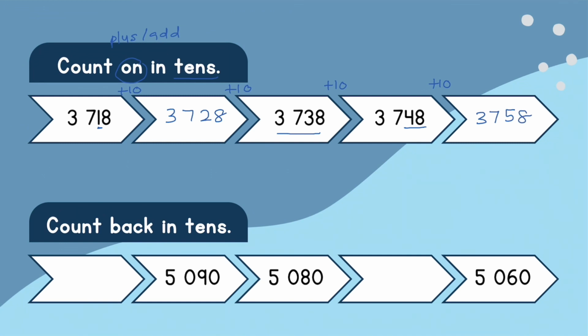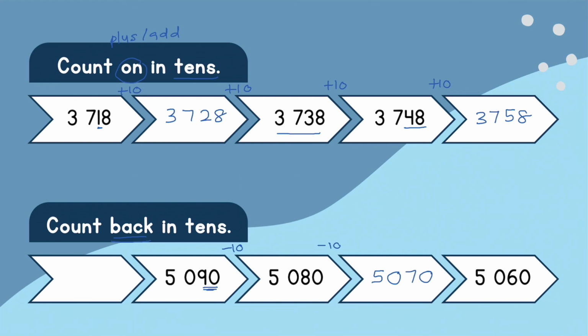Now let's do count back in 10. Again, count back means you need to count backward 10 steps for each number. So you are already given the second number, which is 5090, and then minus 10 will be 5080, minus 10 again will be 5070. However, we're still missing the first number here.